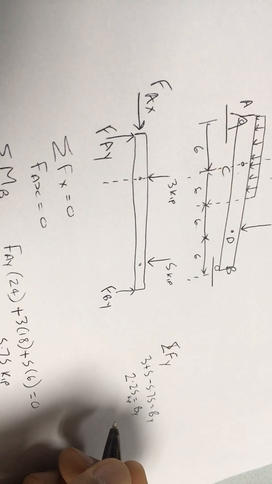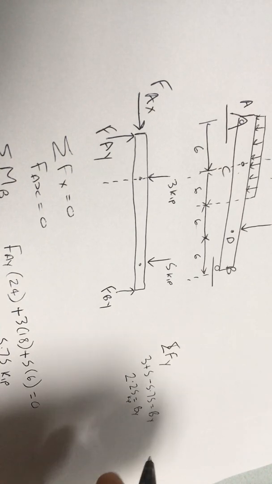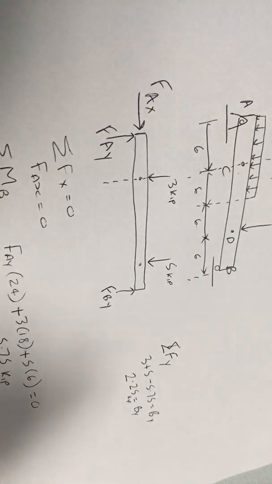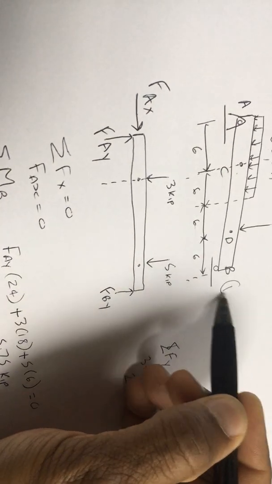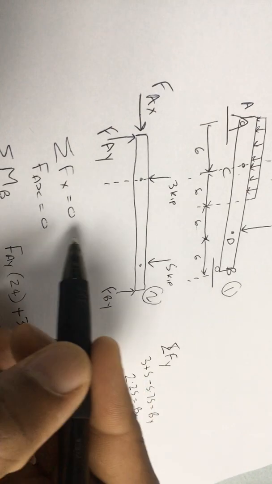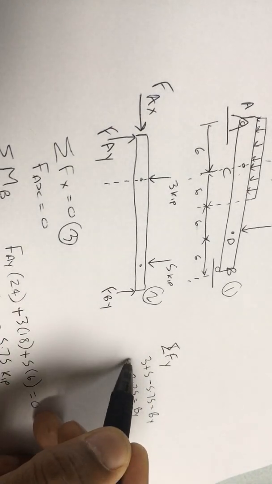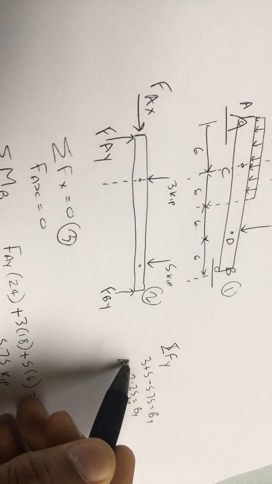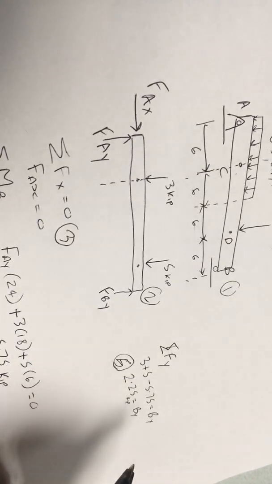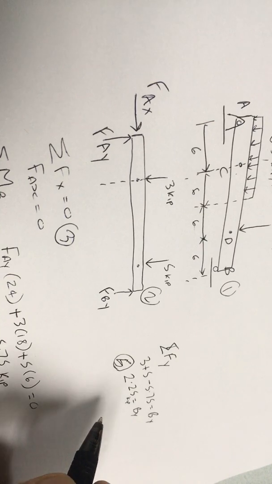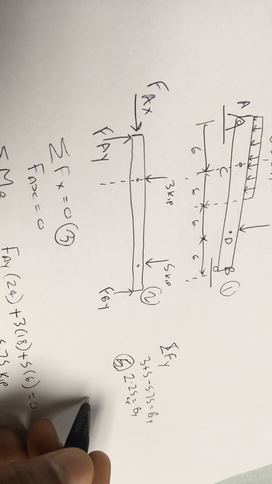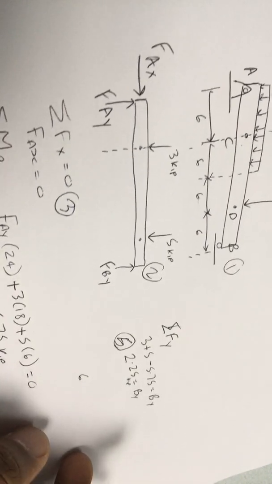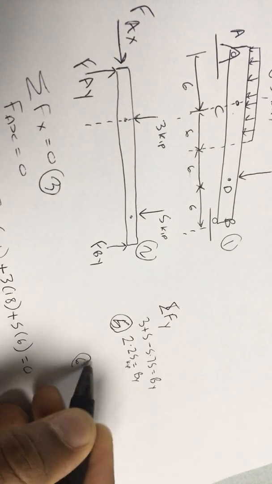So let's do the free body diagram for the AC section. I'm kind of jumping around, but let's say we start there. That's 1, 2, 3. Oop, that'd be 4, and this right here would be 5, right? So for 6, we're going to sum the forces.